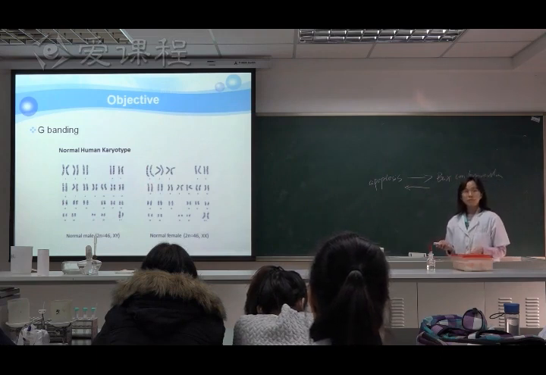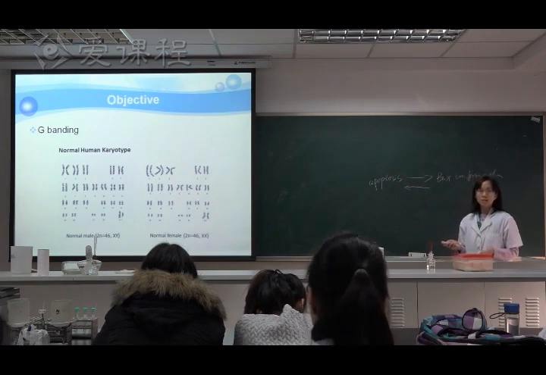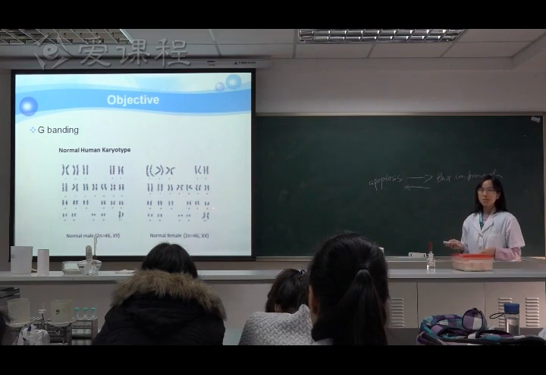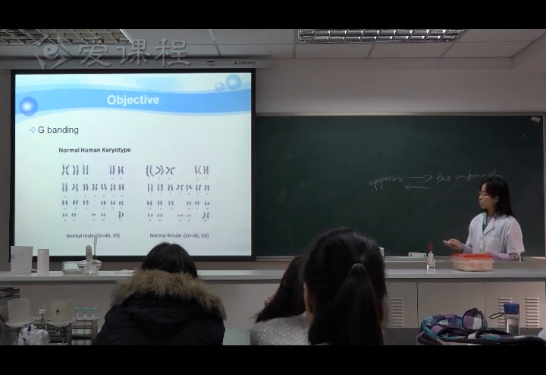However, this is different from the picture I just showed you, because that is just chromosomes stained with Giemsa or something else, and there are no bands on the chromosomes. Here you can see the dark and light bands on the chromosomes, and here is the normal male, and this is the normal female G banding.